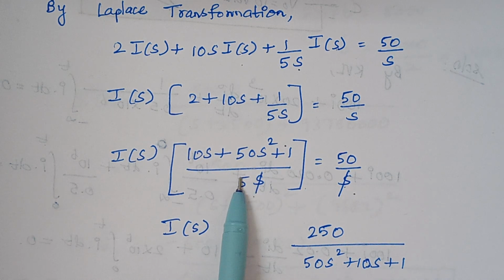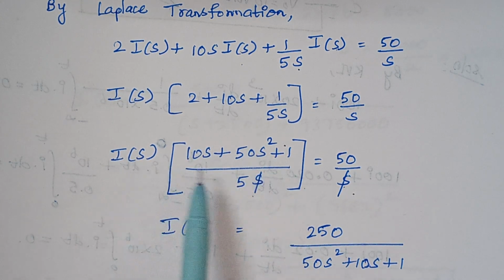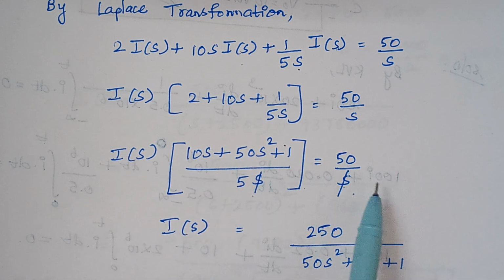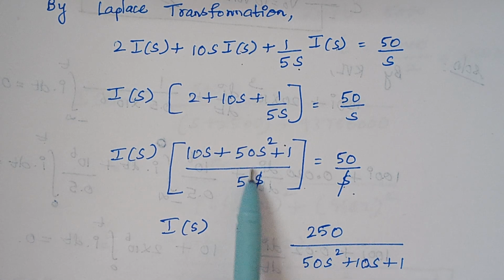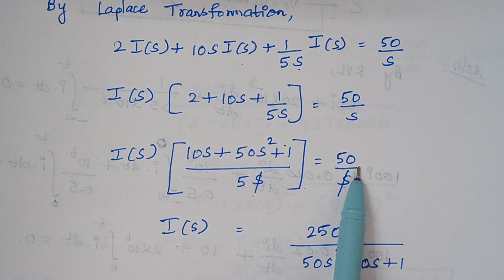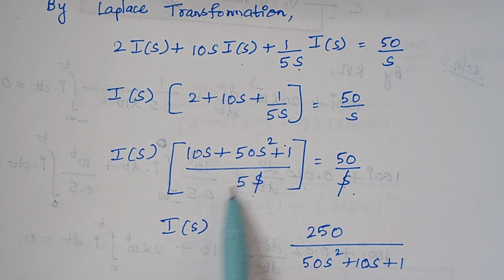Here we are having a 5, right? So when you just bring this to the right hand side part, what happens? We have to keep it as a reciprocal, or this occupies the denominator term, therefore the 5 will get multiplied with the numerator, or simply you can just cross multiply. Okay, everything is fine. So therefore 250 divided by 50 s square plus 10s plus 1.